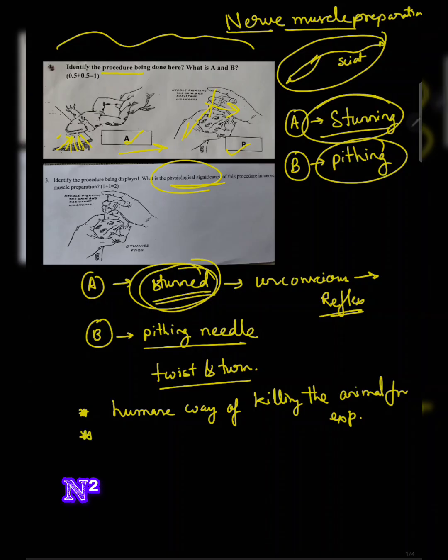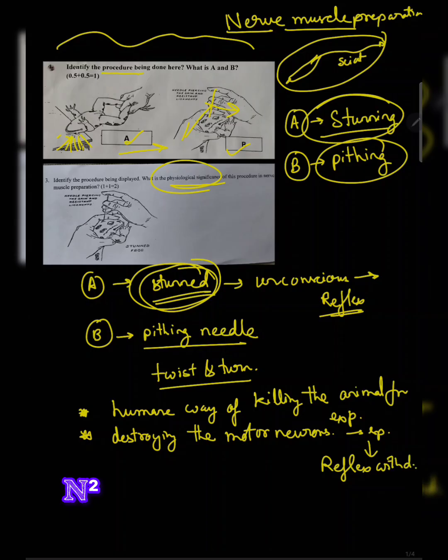Physiologically, by doing this method we are actually destroying the motor neurons present in the spinal cord, which, if not destroyed, would have led to some reflex withdrawal.